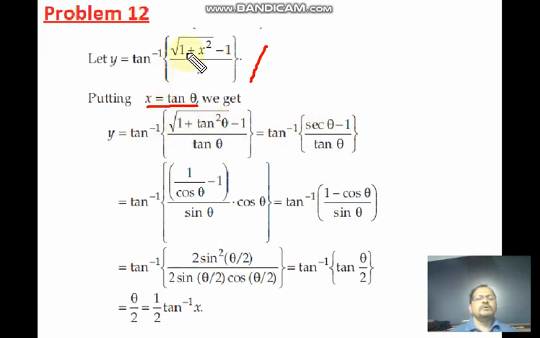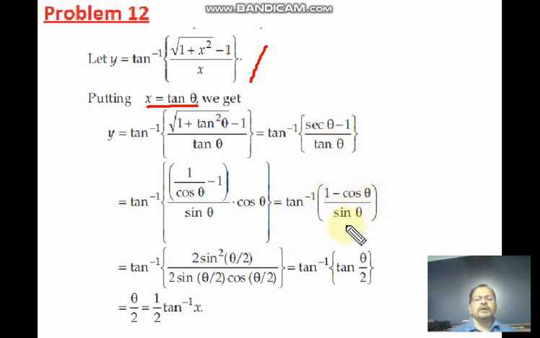So under root 1 plus x square minus 1 upon x, after this substitution becomes under root 1 plus tan square theta minus 1 upon tan theta. 1 plus tan square theta is sec square theta, square root of sec square theta is sec theta, minus 1 upon tan theta. Convert sec and tan to sin and cos and get 1 minus cos theta upon sin theta.